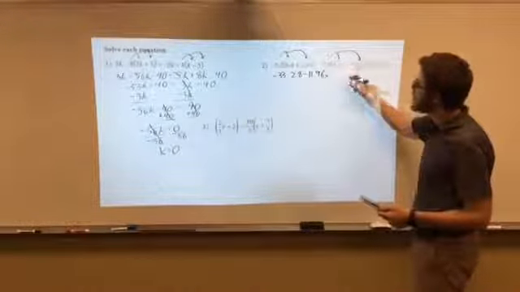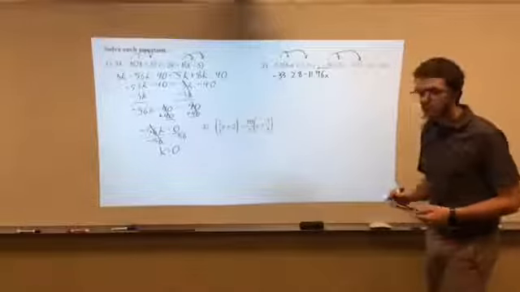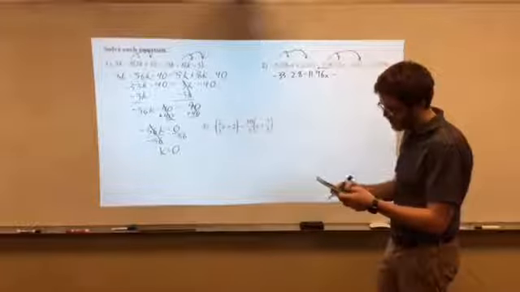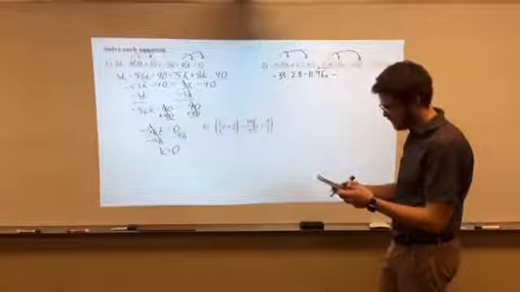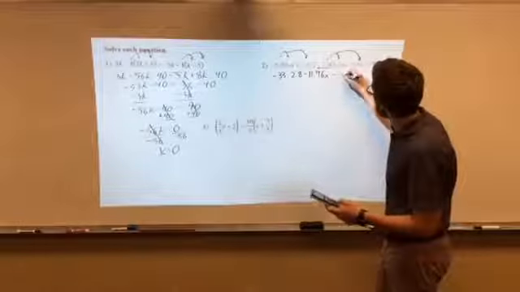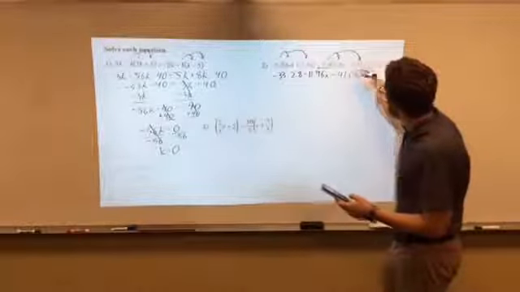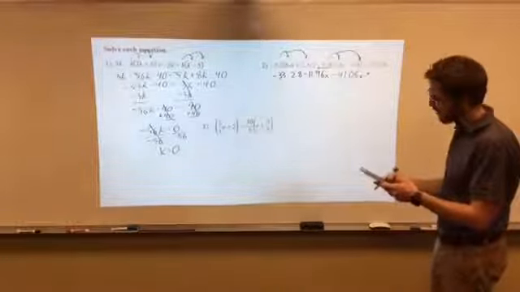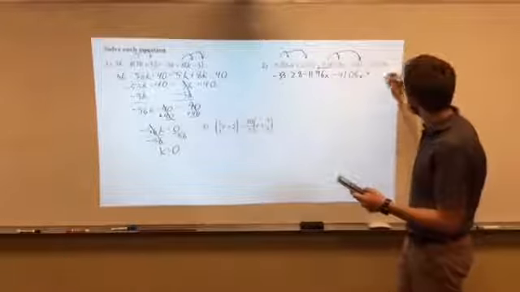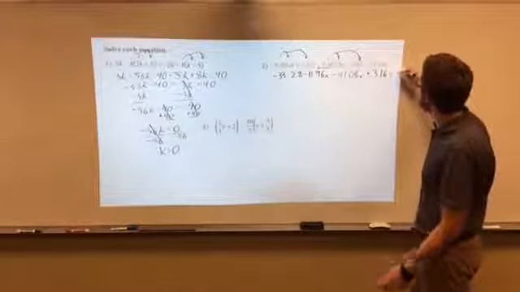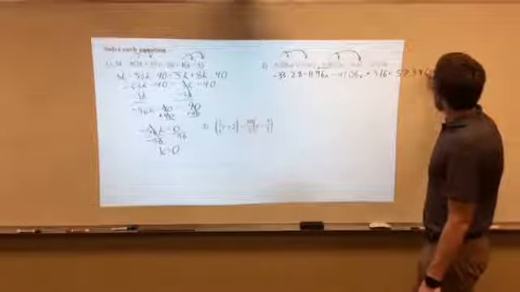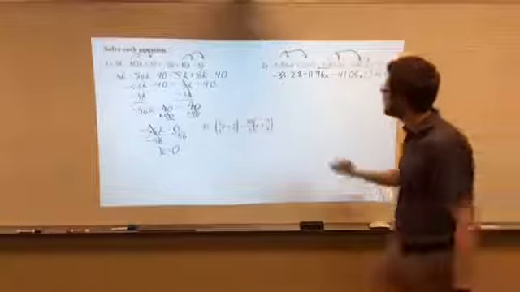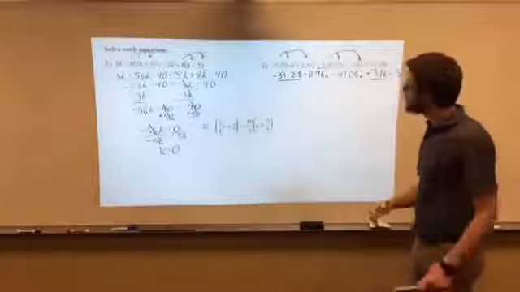When we distribute the negative 7.9 times 5.2x, we get a negative 41.08x, and a negative times a negative gives us a positive. 7.9 times 0.4 gives a positive 3.16, and this all equals 57.396.